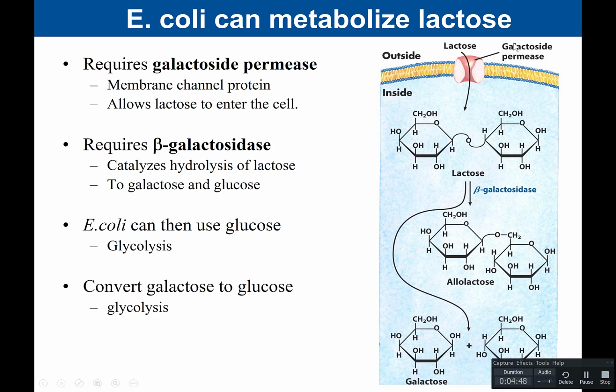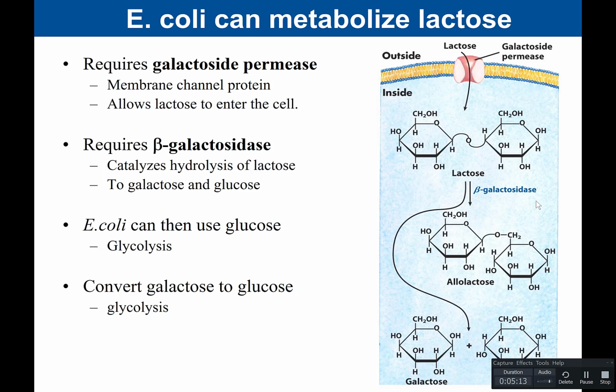Lactose metabolism also requires an enzyme called beta-galactosidase. Beta-galactosidase is basically the fancy name for bacterial lactase. Remember that lactase is the enzyme that breaks down lactose. Whenever you see -ase, you should think enzyme. So the name of lactase in bacteria, it has a specific name. It's called beta-galactosidase.